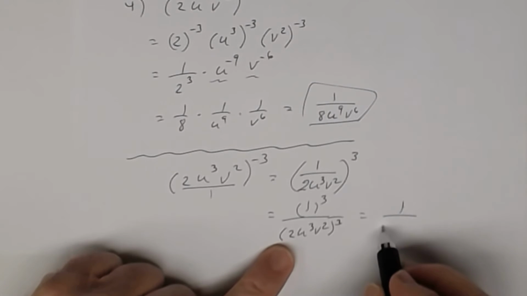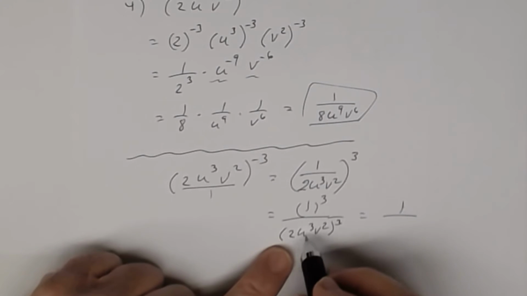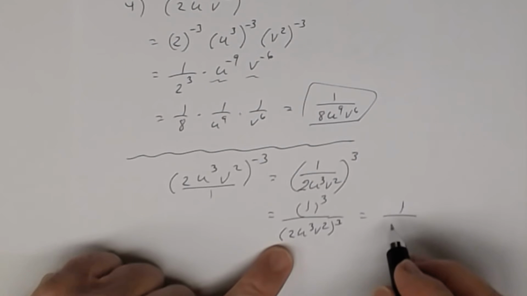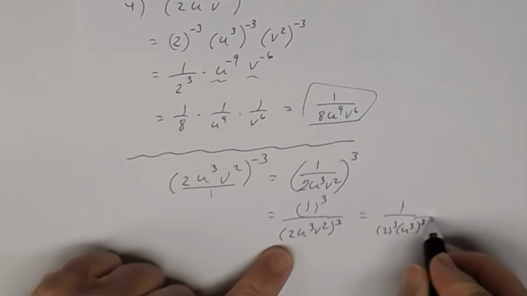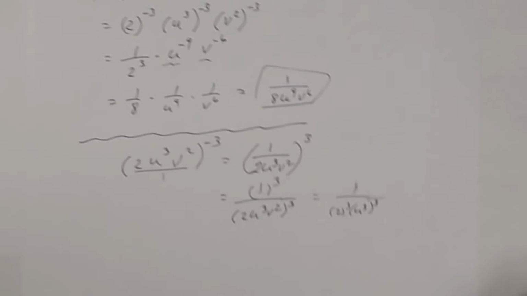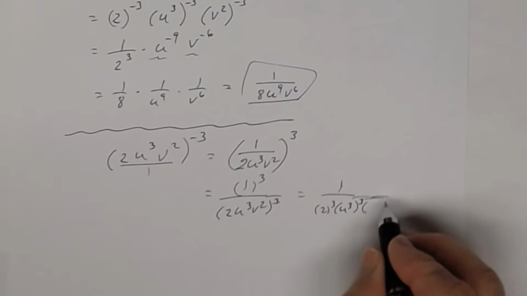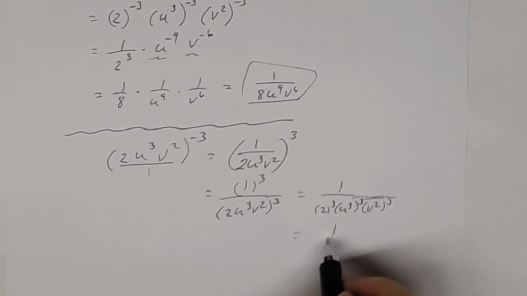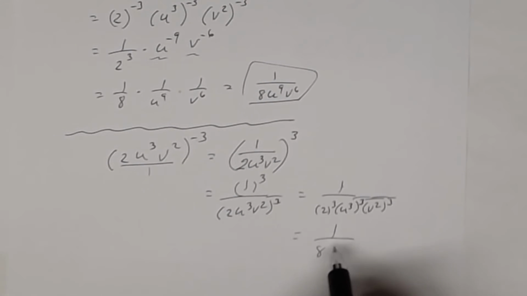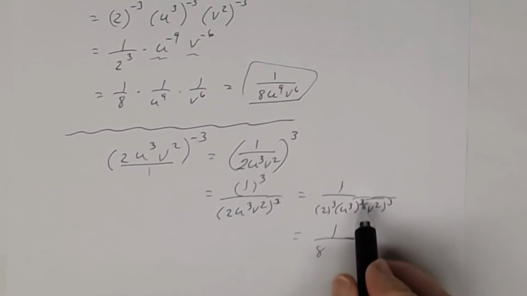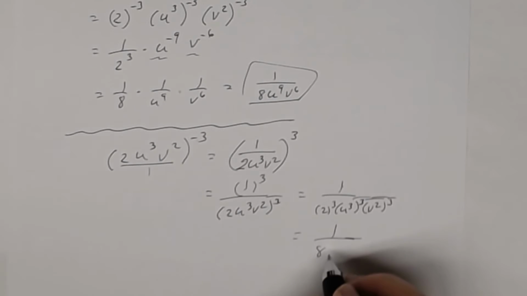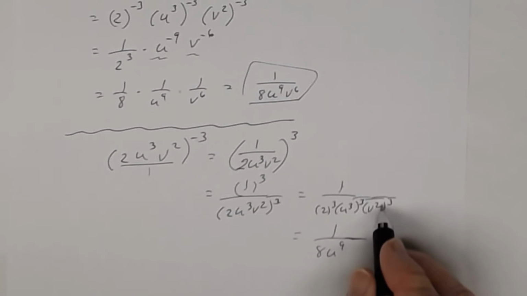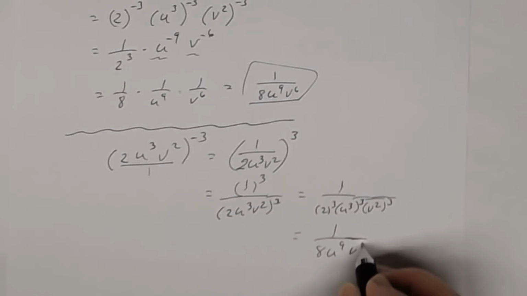So you're going to take each of those factors and raise it to that third power. So 2 to the third, u cubed to the third, and then v squared to the third. And then simplifying this, I get 1 divided by 2 cubed is 8, u to the third power raised to the third, so 3 times 3 is 9. And then the power rule here, 2 times 3 is 6.